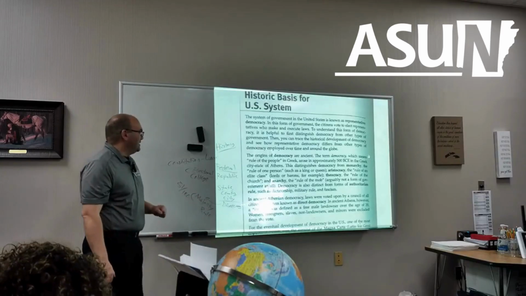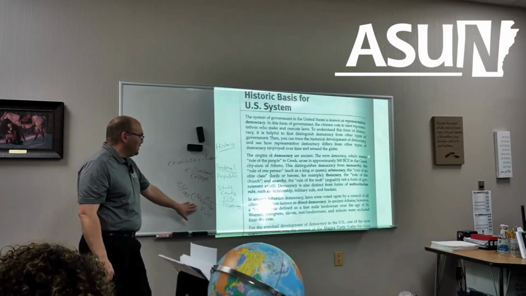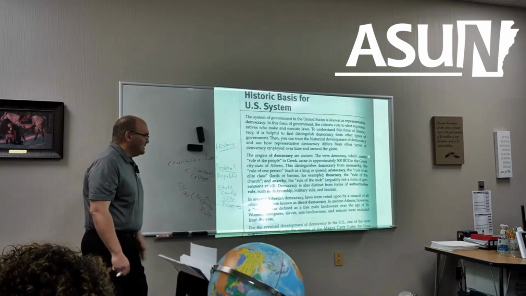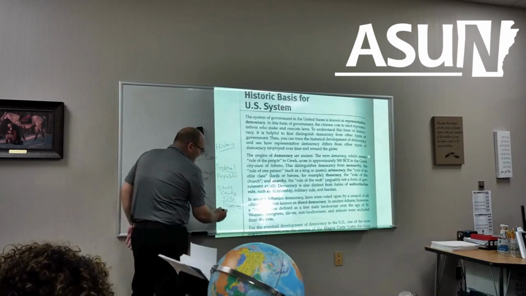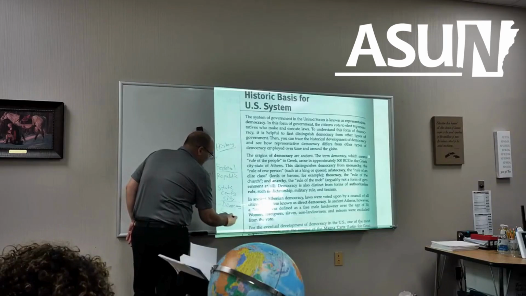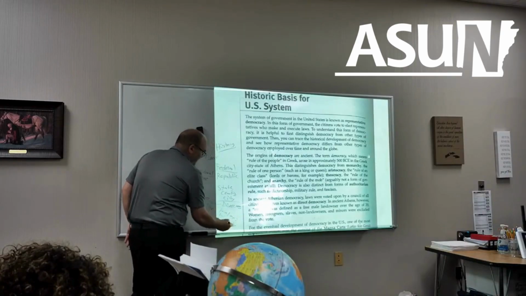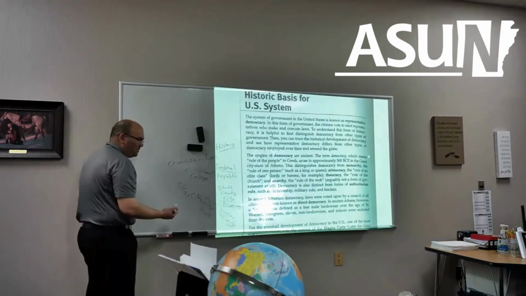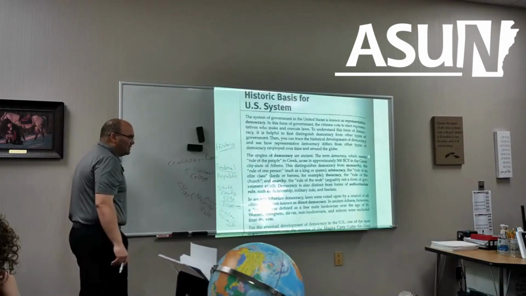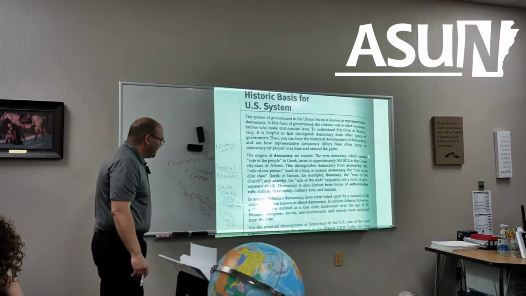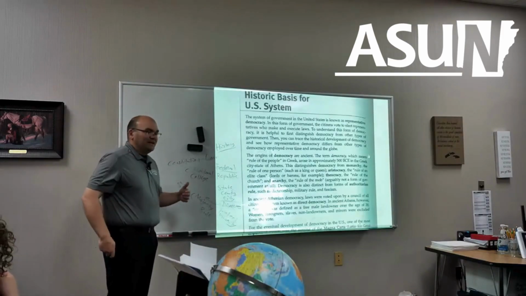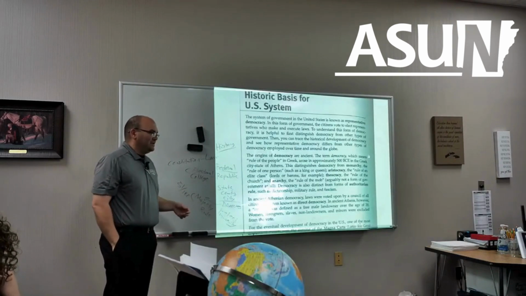Keep this one thing in mind also: the majority rule sounds good, right? But the one thing that democracies don't do is protect the minority. And I don't mean a social or race minority. I mean the 49. So if you can get 51 out of 100 people to agree upon something, all right, there for a while it seemed like every day I'd look at the news and there'd be a school shooting.